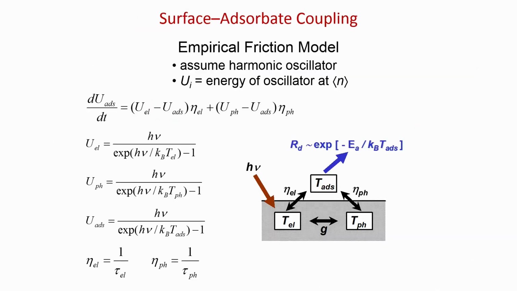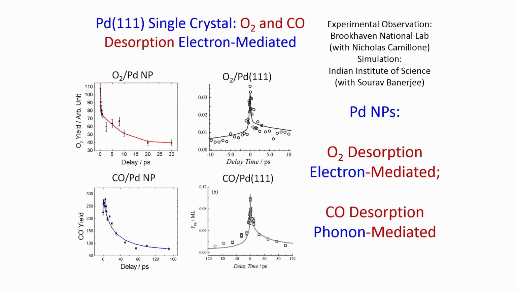So this is the way we are going to perform it, and finally the energy transfer is used as a friction model. I am not going to go over this friction model very rigorously, but what we do is use the Bose-Einstein distribution for the adsorbate, and we check how much temperature we get for this system.